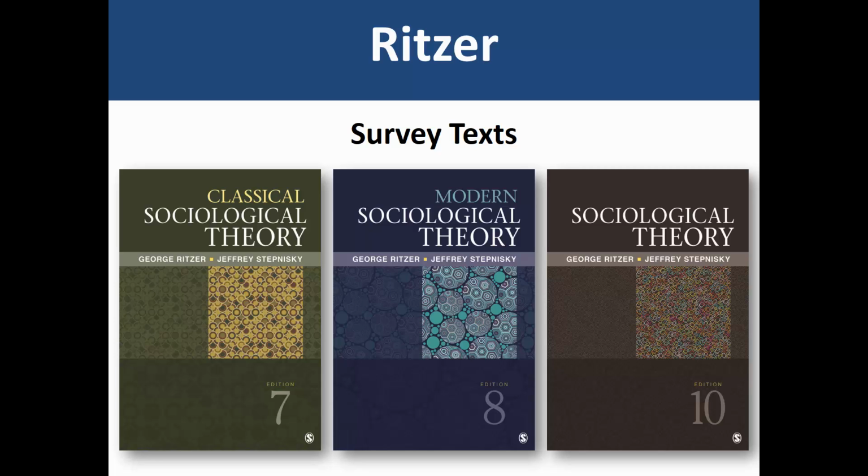The Ritzer books offer the most depth and breadth of Sage's offerings. As you can see, these books have been around for a while, now in their 7th, 8th, and 10th editions, and they have a really solid user base. And this past semester, we actually sent an email out to the market from George himself telling them that Sage would be publishing the new editions of his books, so the market should be anticipating your calls.